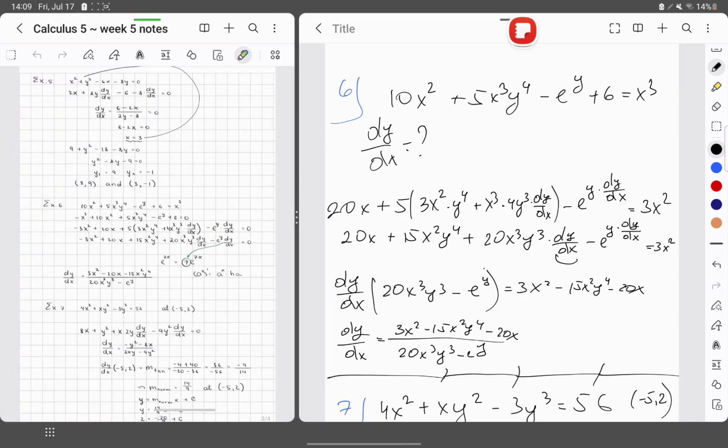Is that true? In 6, 3x squared. Yes, that's true.